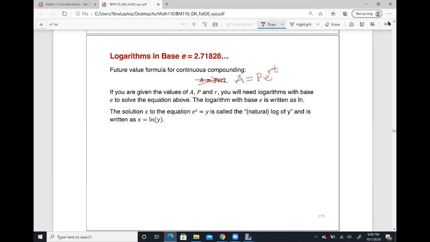If you are given the values of A, P, and r, you will need the log with base e to solve this equation. The log with base e is written as ln. The solution x to the equation e to the x equals y is called the natural log of y, and is written as x equals ln y.